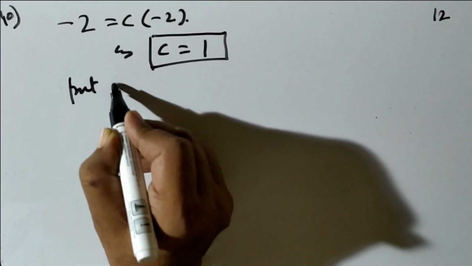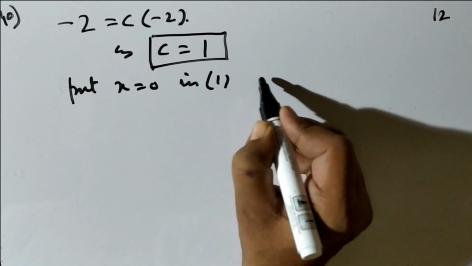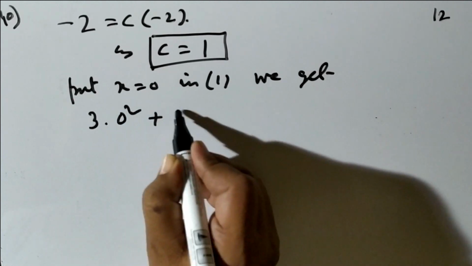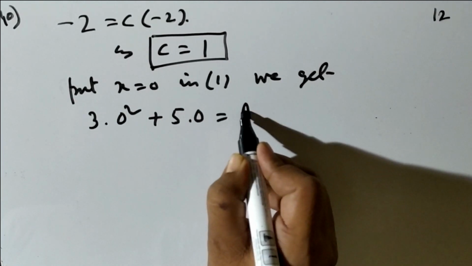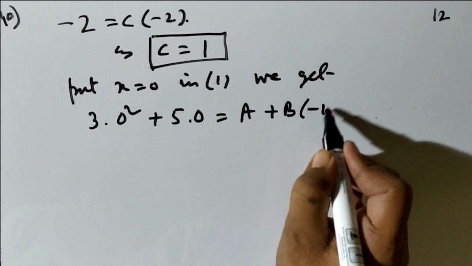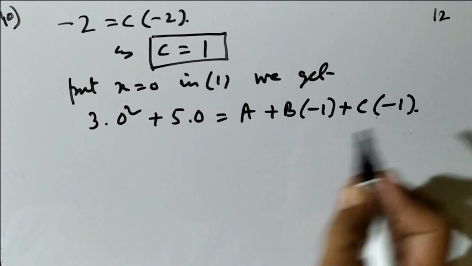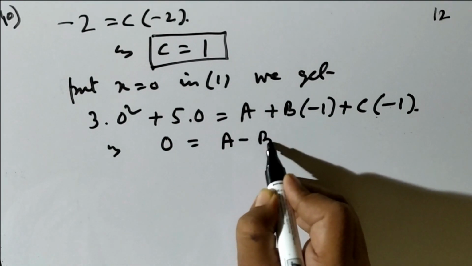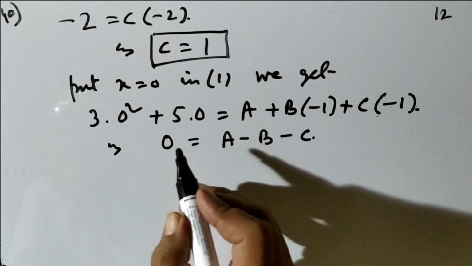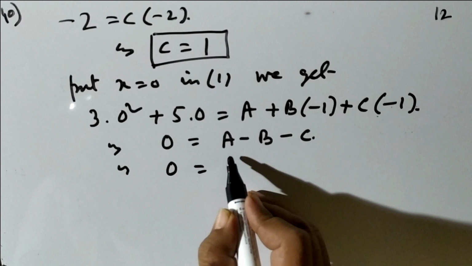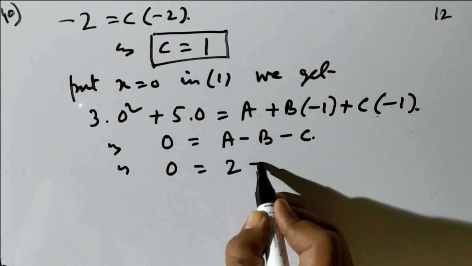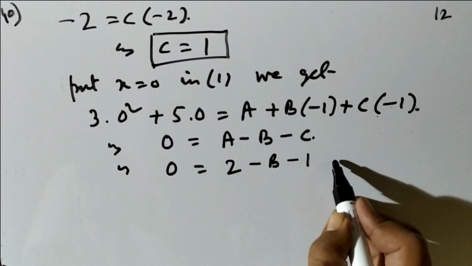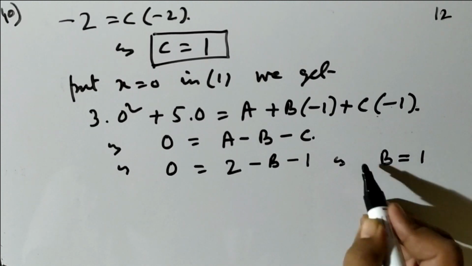Again, put x equal to 0 in 1, we get 3 into 0 square plus 5 into 0 equal to a plus b into minus 1 plus c minus 1, or 0 equal to a minus b minus c, or 0 equal to, since a equal to 2, put minus b, c is 1, or b is 1.